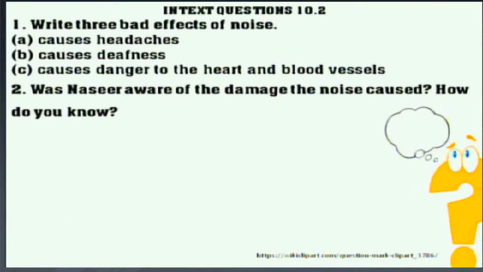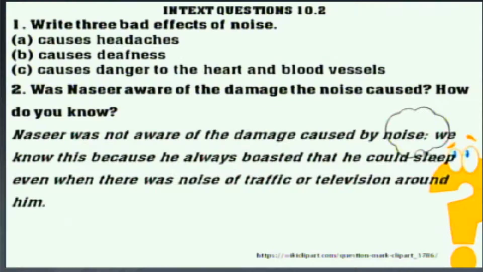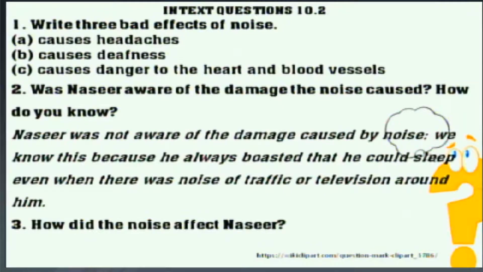But later it was found that yes, noise actually disturbed him. So Nasir was not aware of the damage caused by noise. We know this because he always boasted that he could sleep even when there was noise of traffic or television around him. Next, how did the noise affect Nasir?